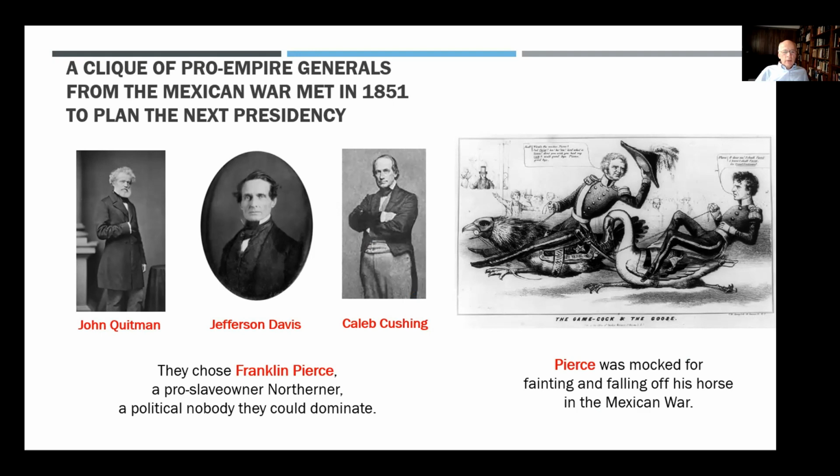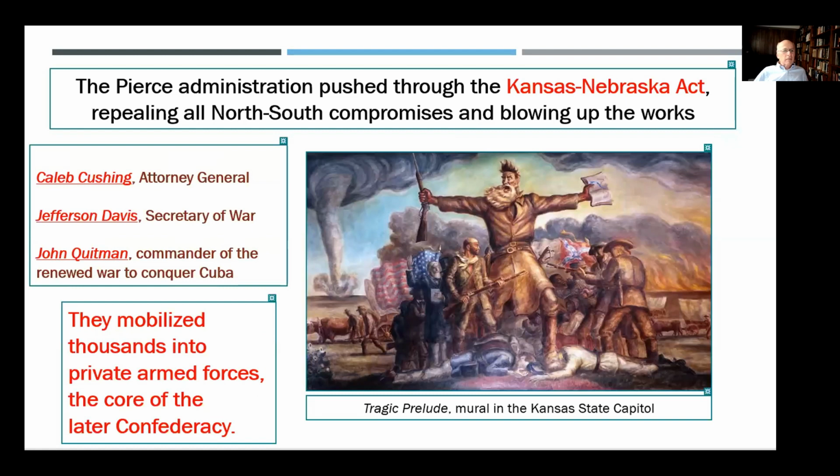I have a whole chapter about him in the Treason book. And they met at Caleb Cushing's house. He's from Massachusetts. He's not even a Southerner, just hates what the United States is all about. They chose Franklin Pierce, who was another general, in their clique. And here you see a cartoon showing Winfield Scott on a, I guess he's on a rooster, and Pierce on a goose, making fun of Pierce for fainting and falling off his horse in the Mexican War. Next slide. An ineffectual man.